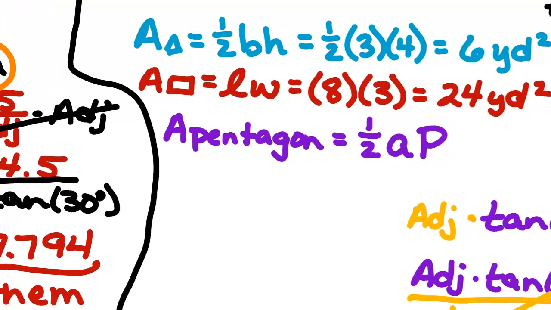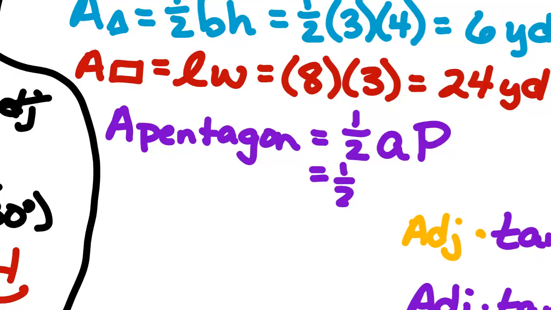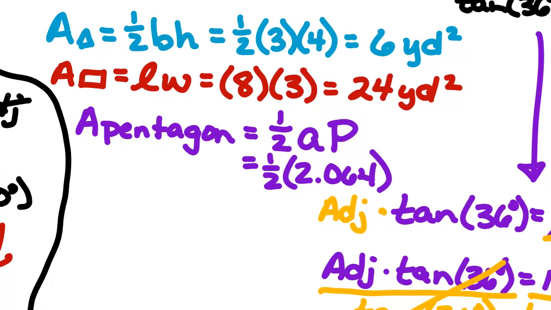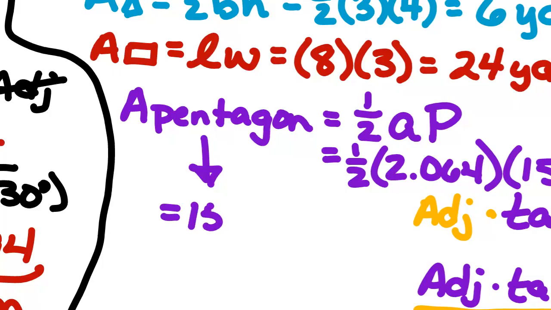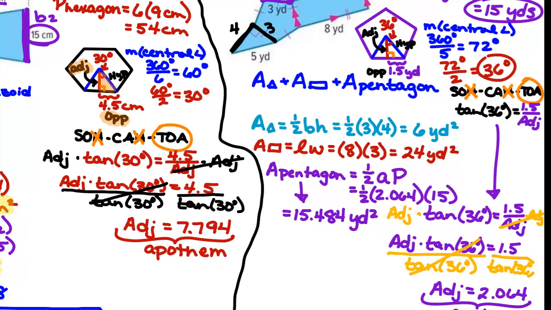So in the area of my pentagon, we have 1/2 times 2.064 times the perimeter of 15. What is 1/2 times 2.064 times 15? 15.484 yards squared.